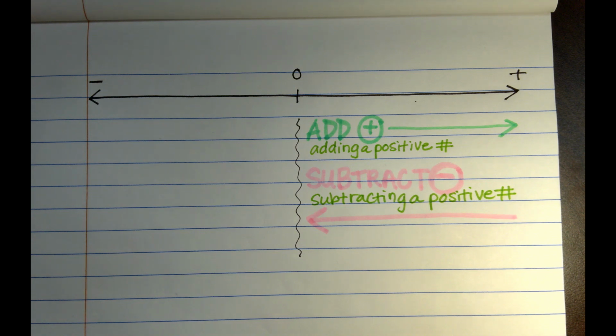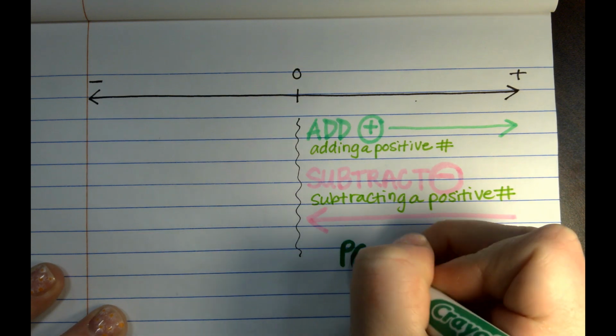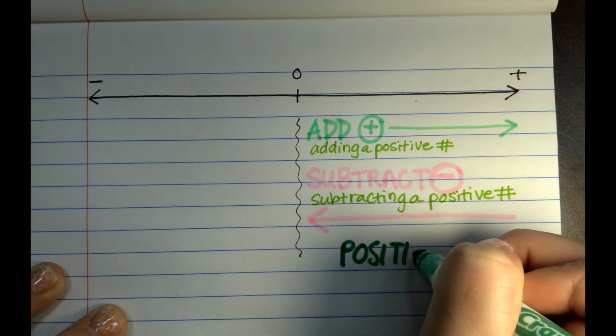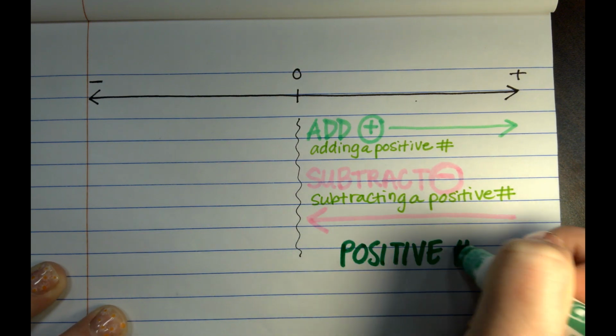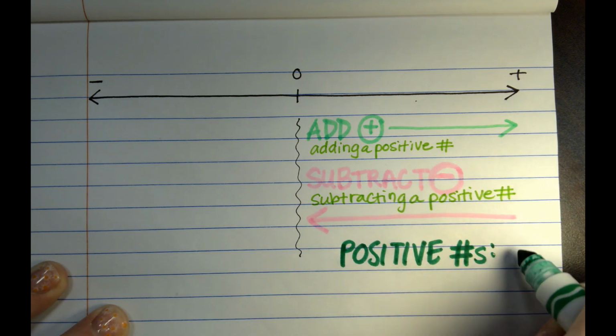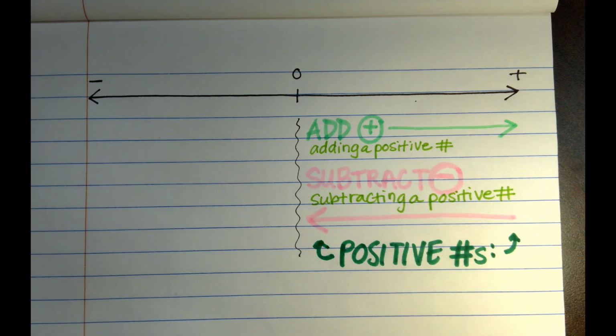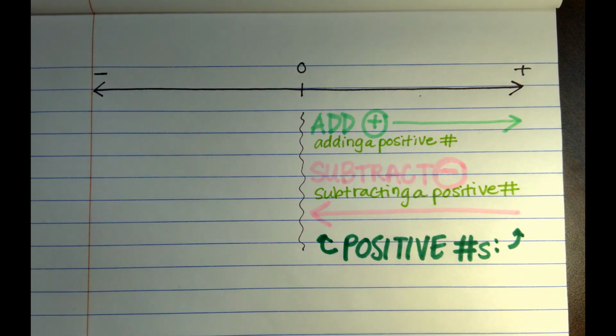Now, negative numbers behave differently. So, we'll say these are the positive number rules. And then we're going to write a side about negative number rules.